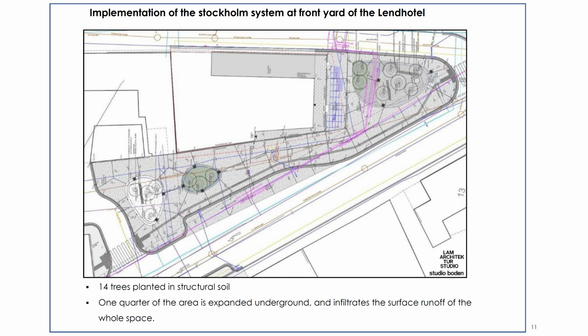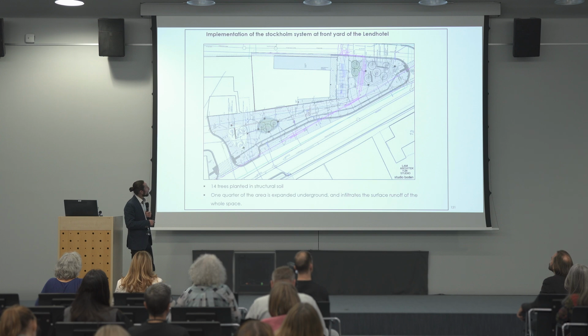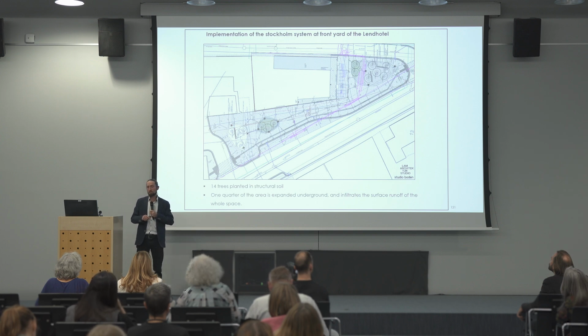This was planned in 2030 by the planning architect Studio Boden, landscape architect in Graz. And there was the challenge that they said, we have to infiltrate all of the water from this area in the underground and not in the sewage system.